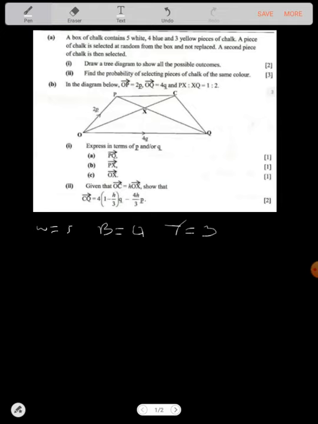We have 3 colors, so we are going to have 3 possible branches. We're going to have this. So let this one be for white, this one for blue, one for yellow. Then we're also going to have something like this, since there are 2 selections.